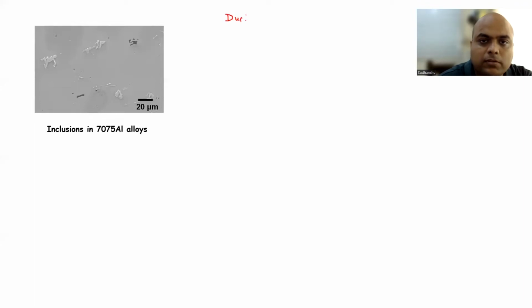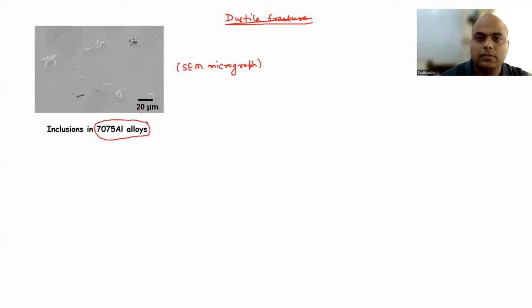So we'll talk about ductile fracture. What I have shown here is an SEM micrograph of 7075 aluminum alloy.